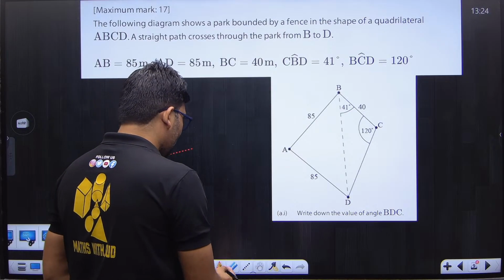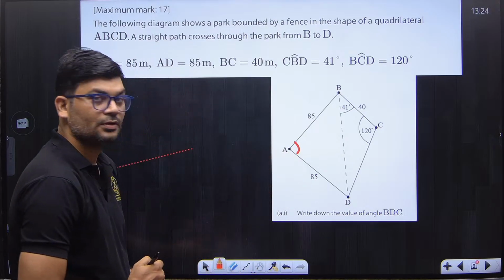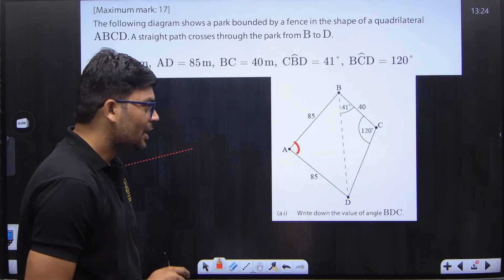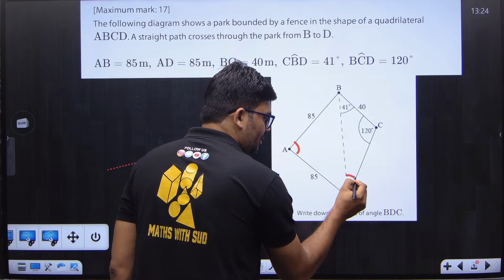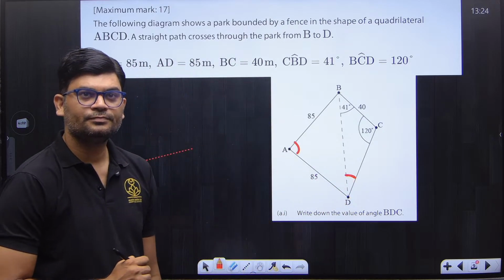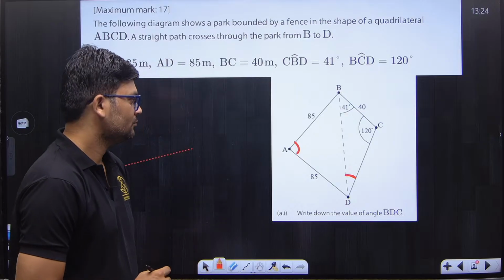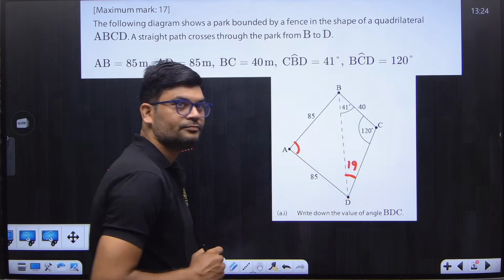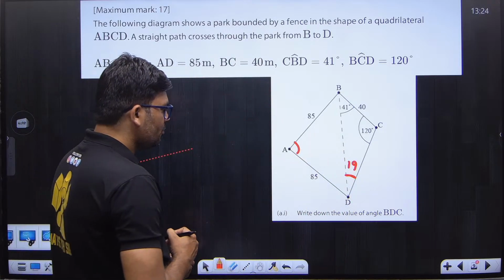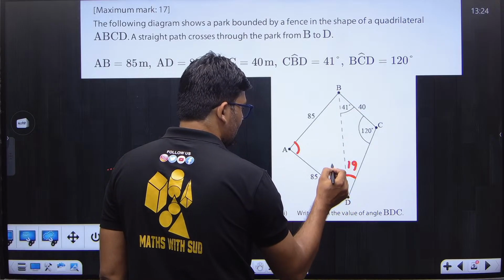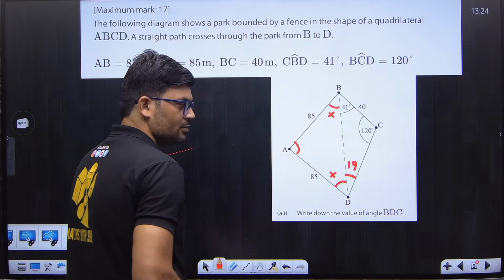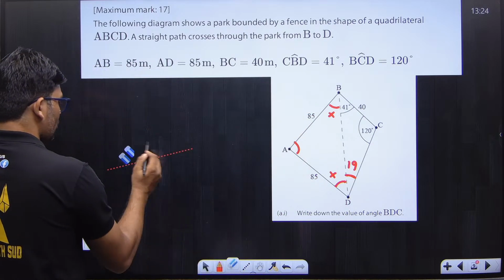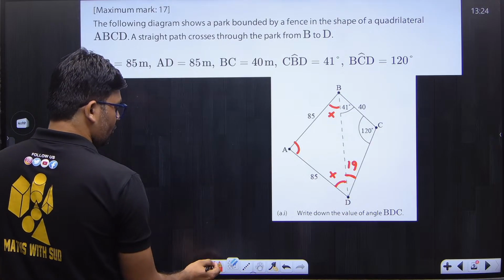We can find this side if we know about this angle, and this angle can be easily found with the help of some basic tricks. Can you tell me how this angle can be found? 180 minus 161, so 19 degrees. Yes. Now let us suppose that this is x. This is x. This is x. So we have an equation.